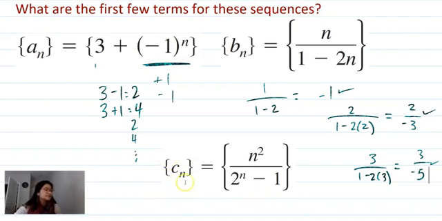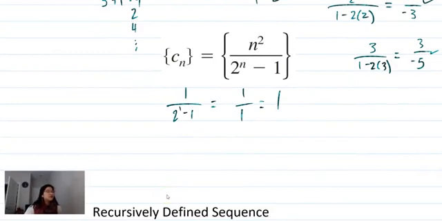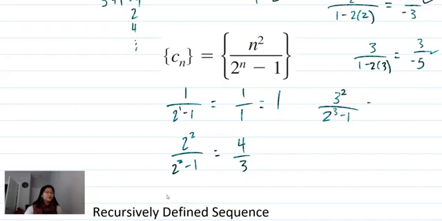And then for c, we're plugging in 1 anywhere we see n. So you got 1 over 2 to the first power minus 1, and that's 1 over 1, which is 1. And then you get 2 squared over 2 to the second power minus 1. So what's that? 4 over 3. And then if we plug in 3 for n, we get 3 squared over 2 cubed minus 1, 9 over 7.